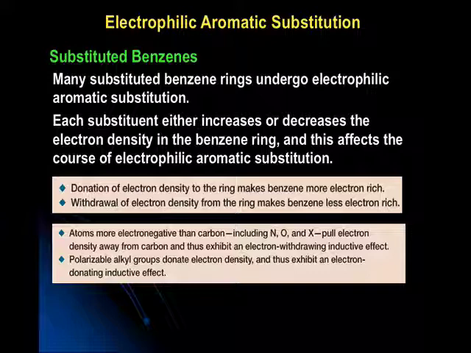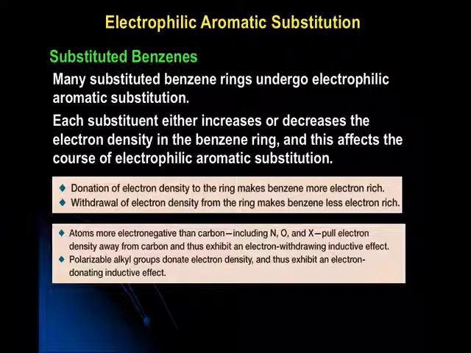So if I have a substituent that actually, by resonance, let's say, puts more electrons in the benzene ring, would that reaction be faster or slower with an electrophile? It would be faster. The more electrons I have in the ring, the more there are to react with the system, right? Now, if I have a substituent that pulls electrons by resonance, let's just say, out of the aromatic ring, is that reaction going to be faster or slower than the reaction with benzene?